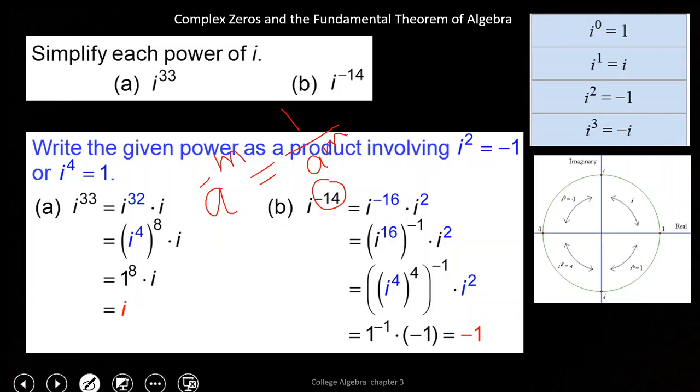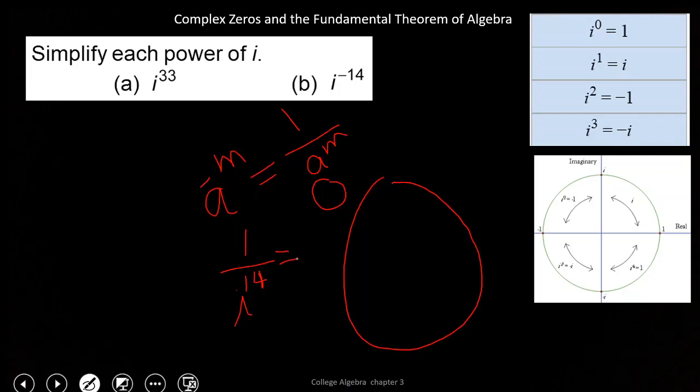This is a little bit more complicated than we need. Why don't we do it this way? We just write it as 1 over i to the 14th. Okay, now 1 over i to the 14th. Let me get rid of that.